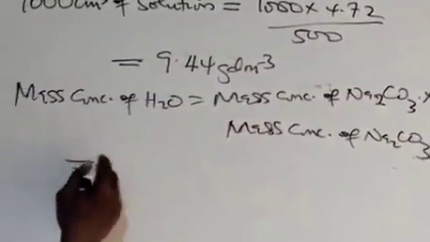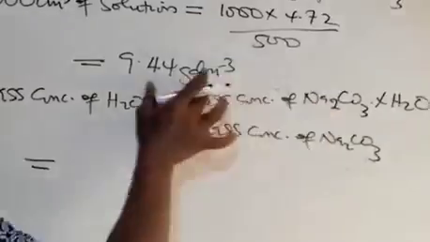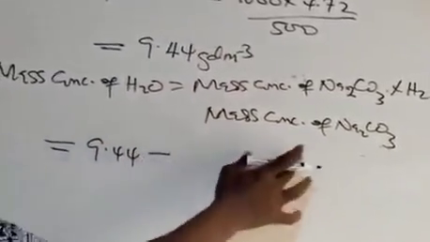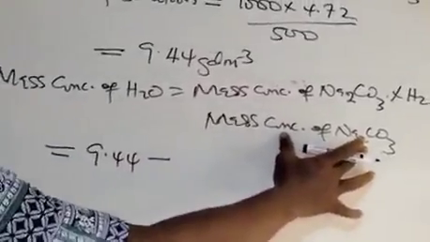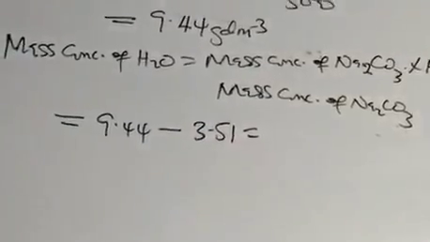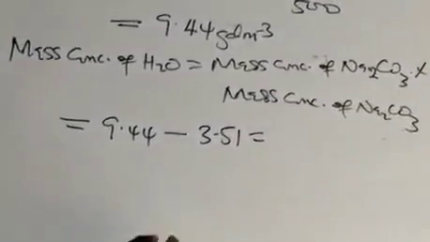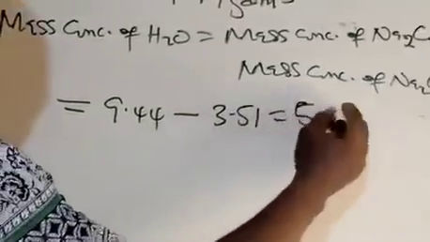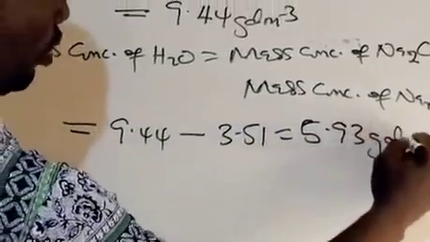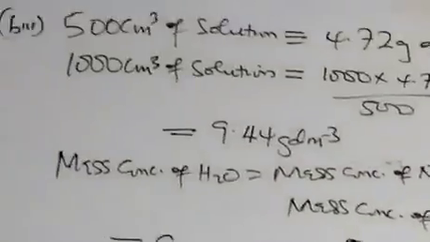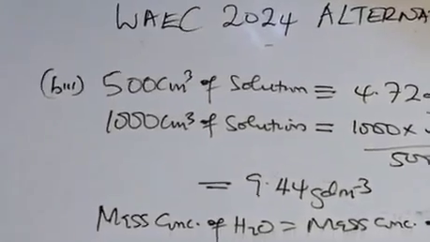Substituting, the mass concentration of the hydrated is this one, 9.44, and the mass concentration of the anhydrous we got in question BII is 3.51. So we'll subtract these values. We have 5.93 gram per dm cube. So this is the mass of water in the salt. Take a minute, go through the work as we move on.